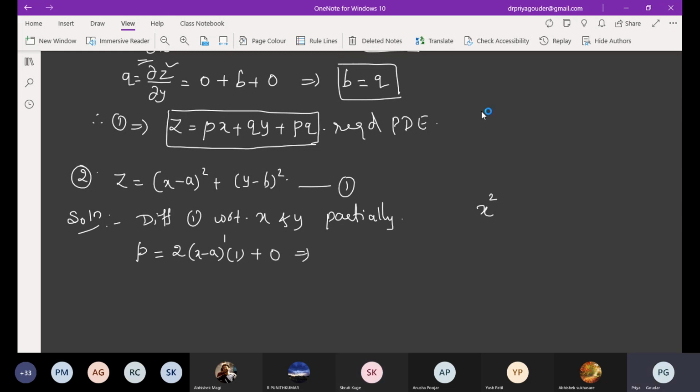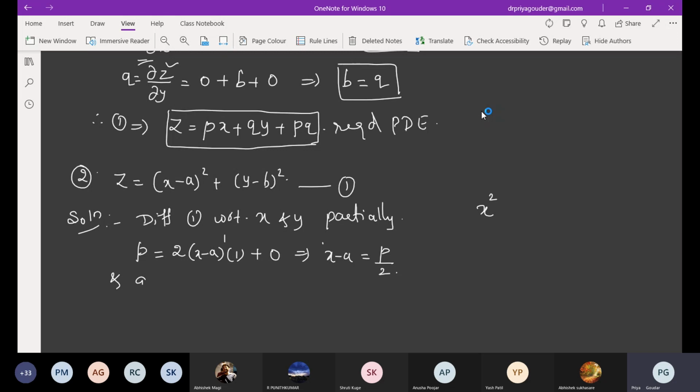So from this, instead of finding the value of a, better find x minus a so that we can directly substitute, isn't it? Because if you find only a, it becomes a little complicated. So we'll find x minus a. What is x minus a? p by 2. Very good.